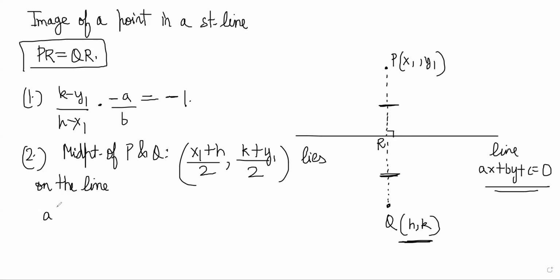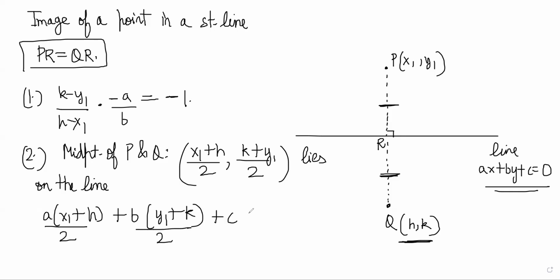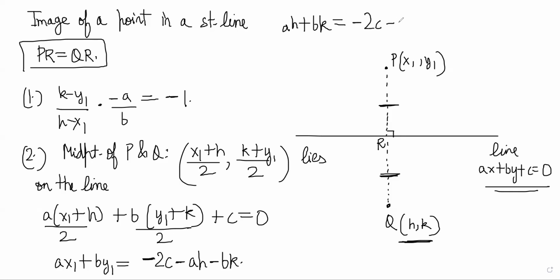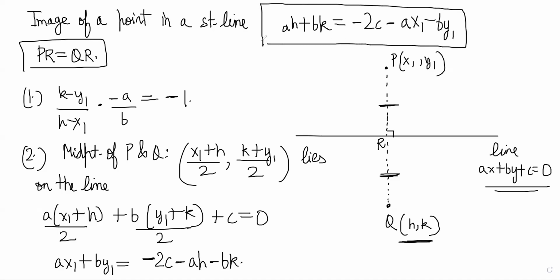Therefore, I have a times x1 plus h by 2 plus b times y1 plus k by 2 plus c is equal to 0. So I have ax1 plus by1 coming out to be negative 2c minus ah minus bk. Or you can say again ah plus bk is equal to negative 2c minus ax1 minus by1. Right? This is what is coming from here, right?